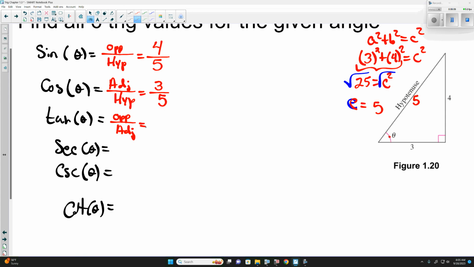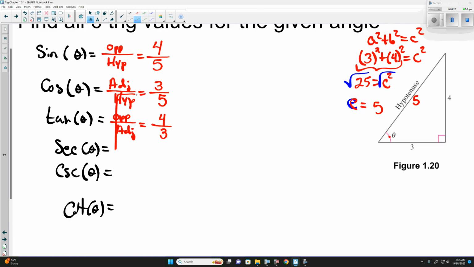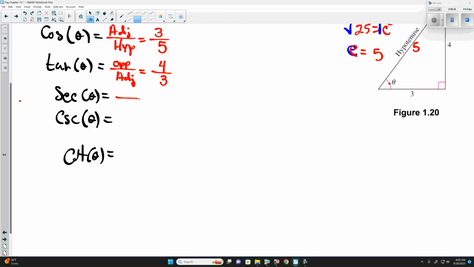Now, tangent is opposite over adjacent. The opposite side is 4, and the adjacent side is 3. Now, the next one I listed was secant. We don't necessarily have to do secant first, but secant is going to be hypotenuse over adjacent.